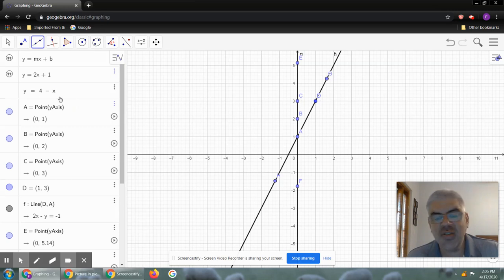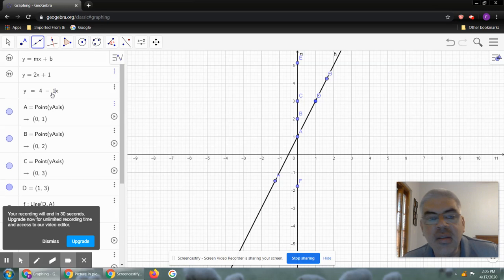My slope has to be the number next to the x. It's an invisible 1, remember? So I have a slope of negative 1. And then my y-intercept is 4. We normally see it, and it's okay to write it as negative 1x, or negative x plus 4.